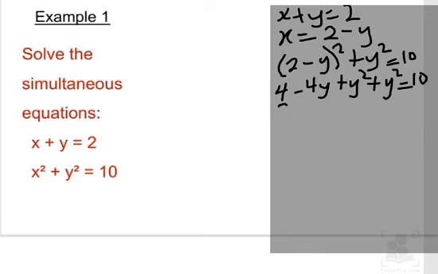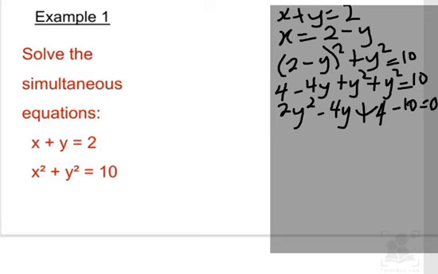Simplifying further, I have 2y squared, because y squared plus y squared equals 2y squared. So I'm going to have 2y squared minus 4y plus 4 minus 10 equals 0, because I have moved the 10 over to this side, and on the other side nothing is left.